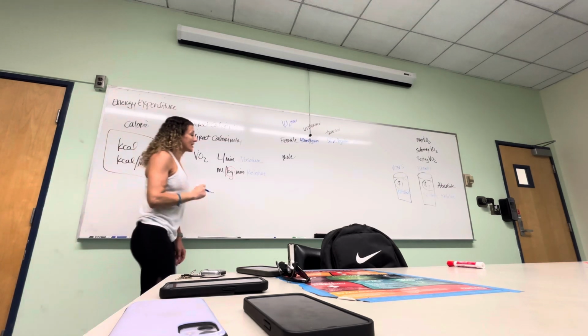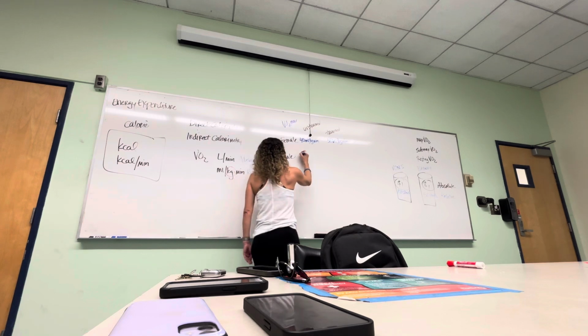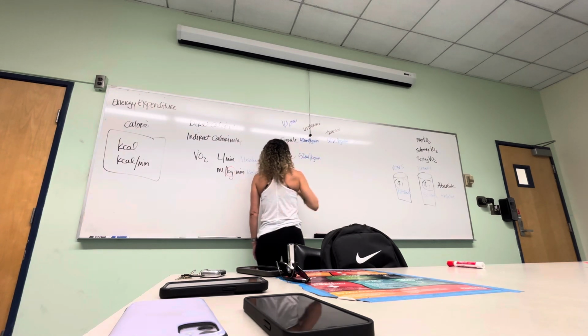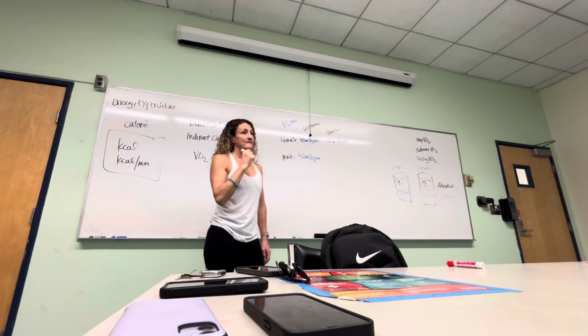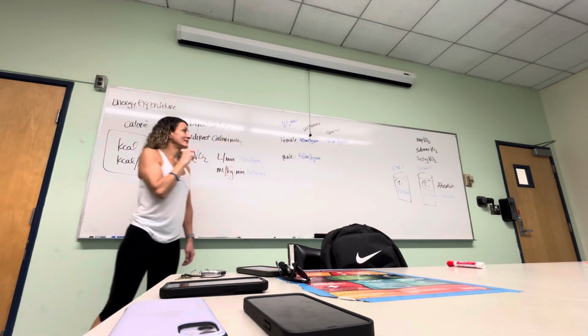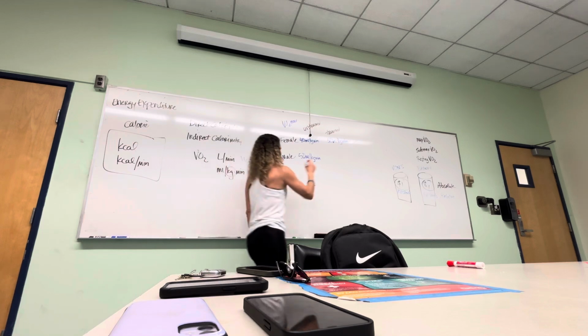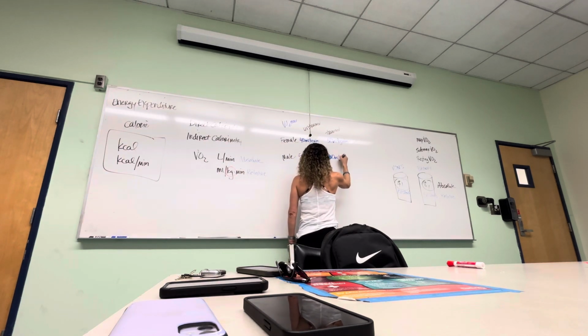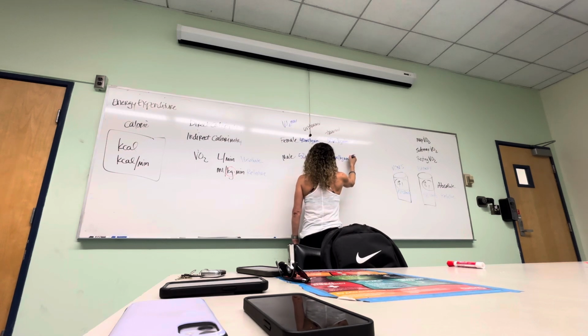An average untrained young male might have a VO2 max of about 50 mLs per kg per minute. And an average trained young male might have a VO2 max of about 60 mLs per kg per minute.